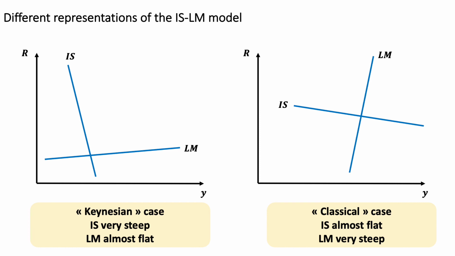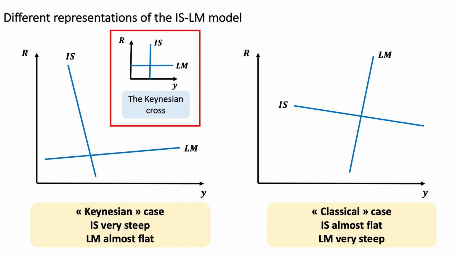In the Keynesian case, the investment is not sensitive to the interest rate, and the demand for money is very elastic to the interest rate. For the classics, the investment is very elastic to the interest rate, and the demand for money is not sensitive to the interest rate. We use the expression Keynesian cross when IS is vertical and LM is horizontal.